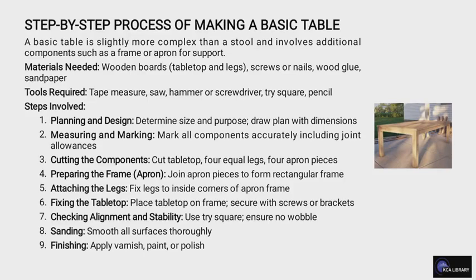Next is preparing the frame or apron, that is, you join the apron pieces to form a rectangular frame. The next is attaching the legs. Then you fix the tabletop on it, and then you check alignment and stability. Then you sand it, and then the last step is finishing.